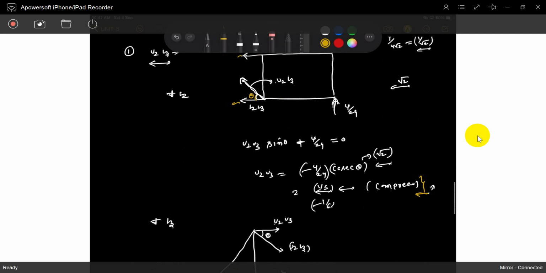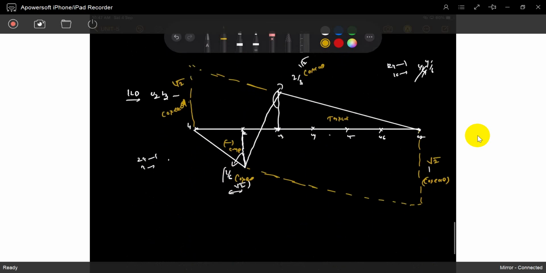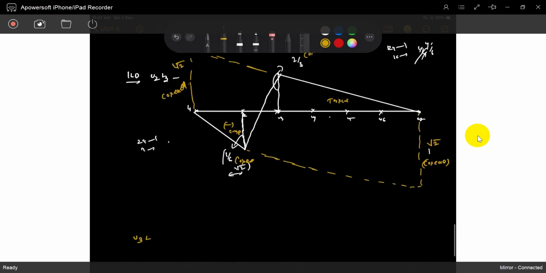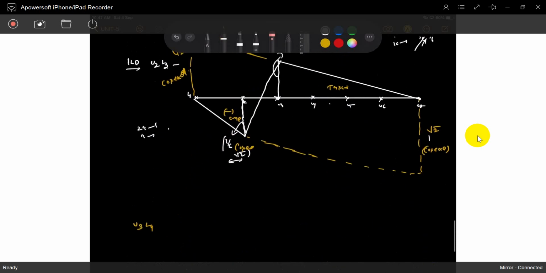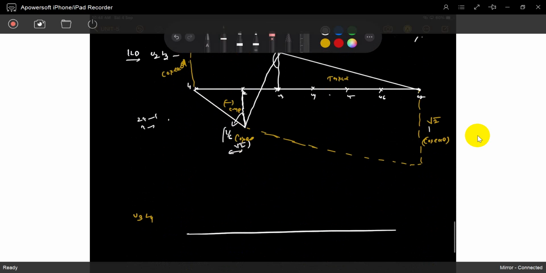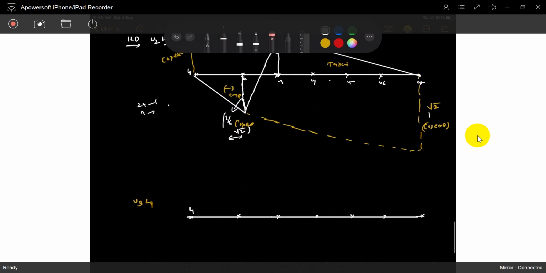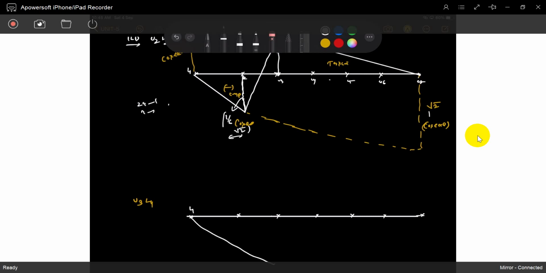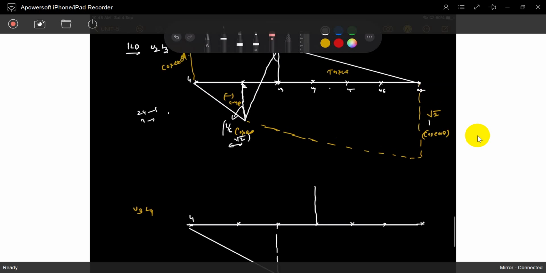So just directly write it down. So you can see it's the influence line for U3 L4. What does it look like? L1, 2, 3, 4, 5, 6, you can take a 7. Up to L3 is VB, later L4.